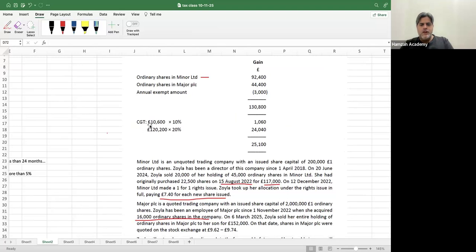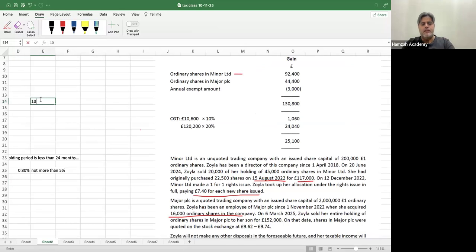Okay. So now if I look, this is just the capital gains tax. This is just 10,600 over here, and this is the remaining amount for the basic rate band that I have. So if I would have deferred this, then technically speaking, this 10,600 into 20 minus 10 is going to be the 10% over here.